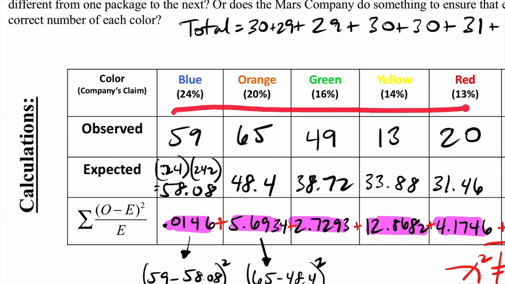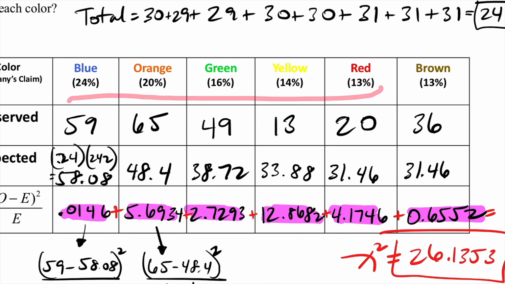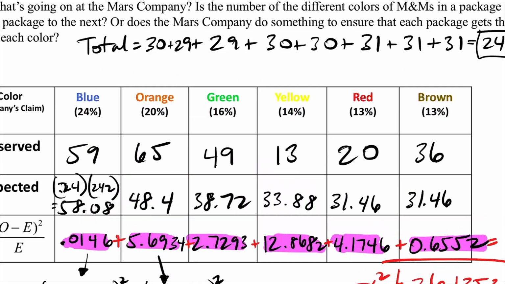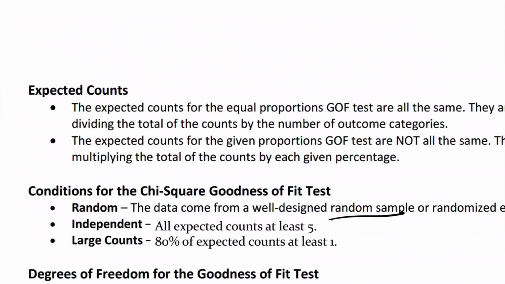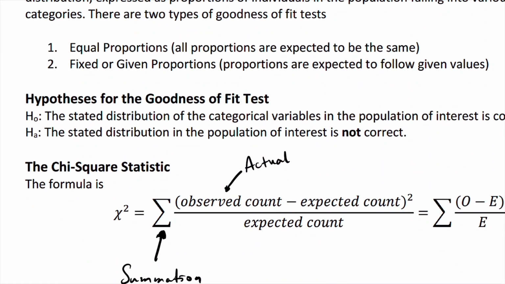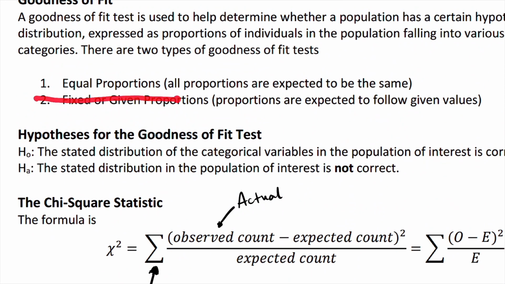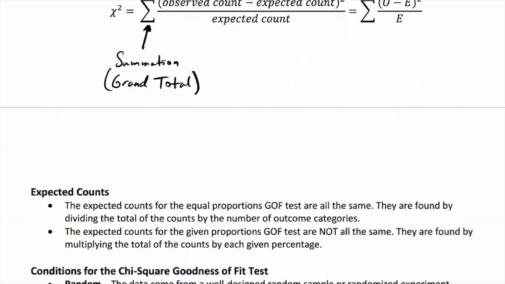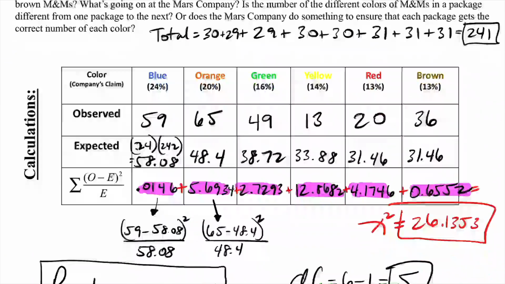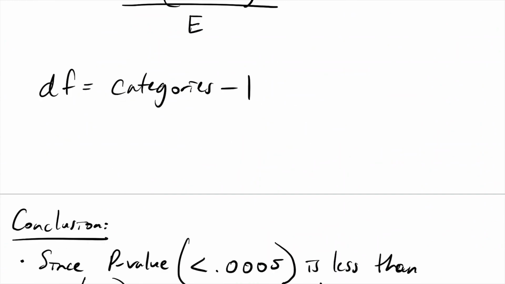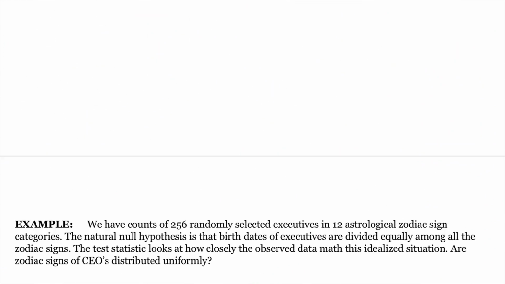No, 24%, 20%, 16%, 14%, 30. So that one's not that one. We've done this one already. The last problem that we have is going to be an example of number one. So now we're going to do equal proportions. Okay, so now the last problem.